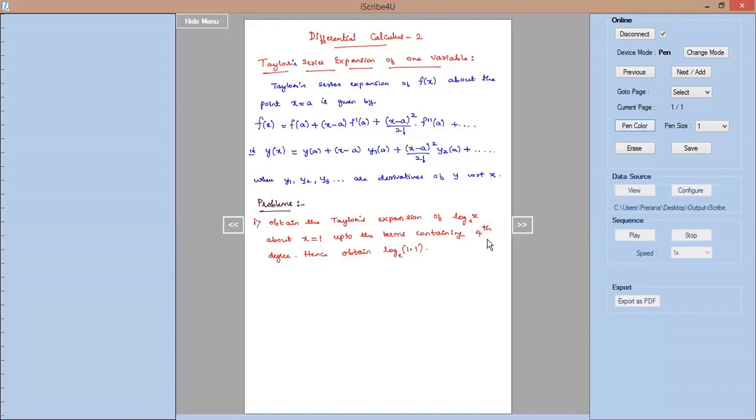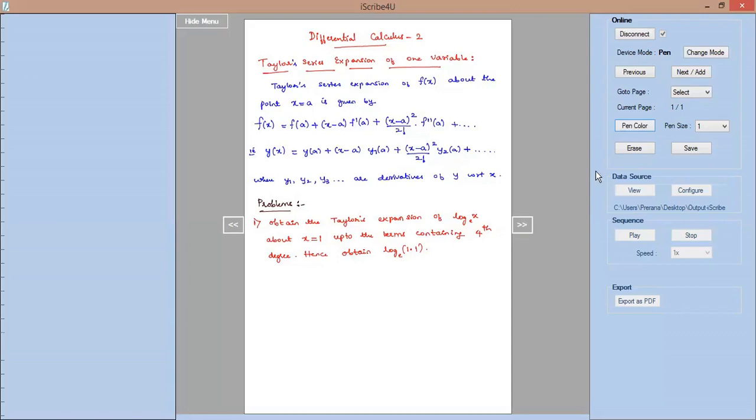So we will have to find y1, y2, y3, y4. So 4 times we have to differentiate the given y of x with respect to x, and we have to substitute each value of y1, y2, y3 at the point x is equal to 1, and substitute into the Taylor series expansion formula.